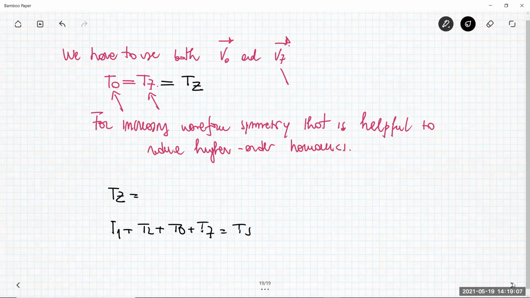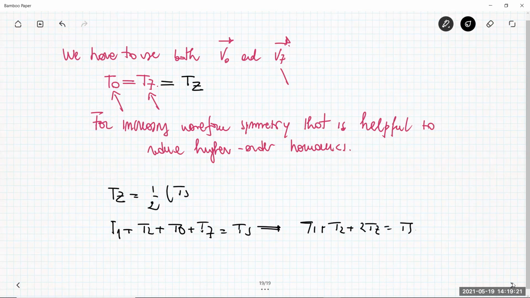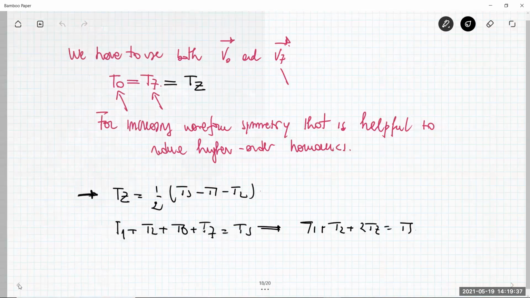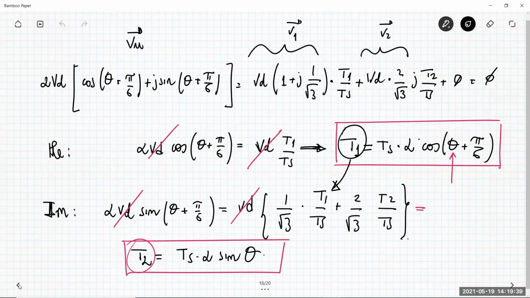So that means that T1 plus T2 plus 2 times T zeta is Ts. So T zeta is one half of Ts minus T1 minus T2. So this is the time interval in which I apply the null state. So basically I have here T1.